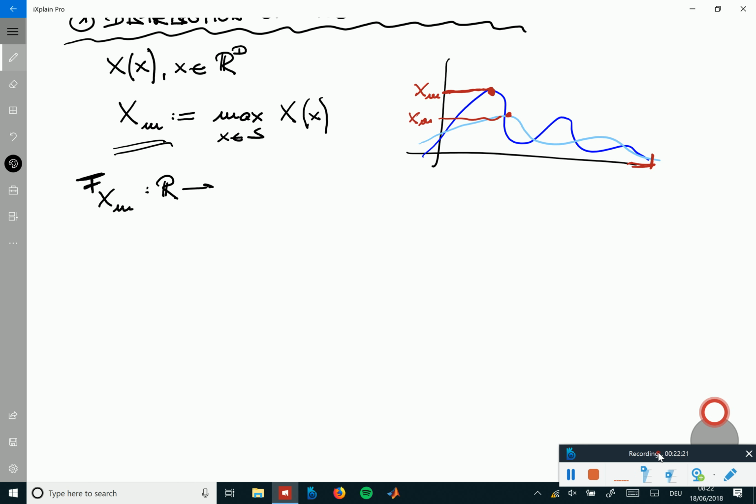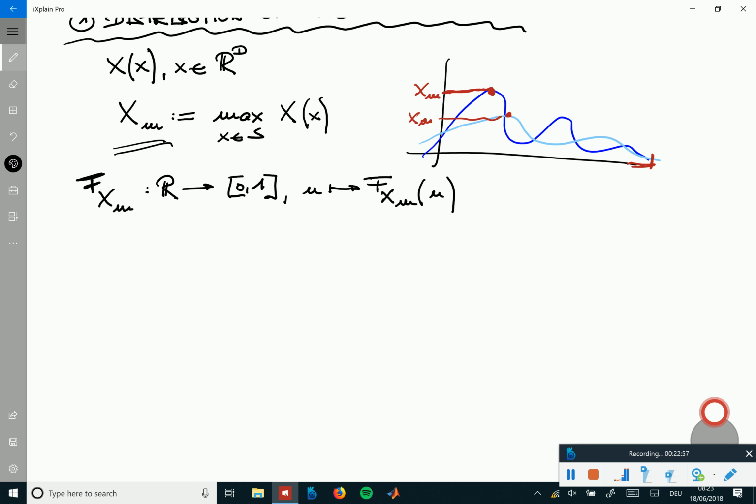It's a function that takes in a real value, which for the moment we call u. U is mapped onto a value of the distribution function. The distribution function takes on values between 0 and 1 because it refers to the probability that the random variable xm is smaller or equal to this value u.